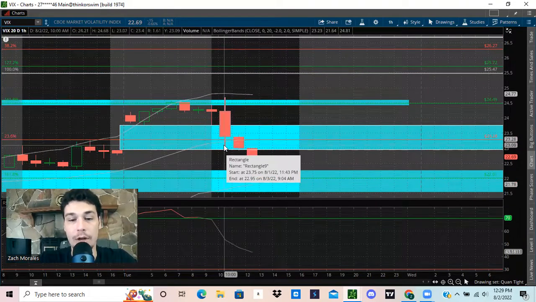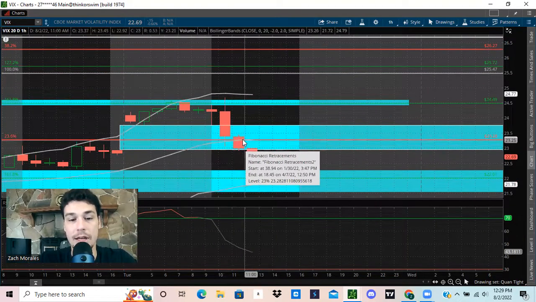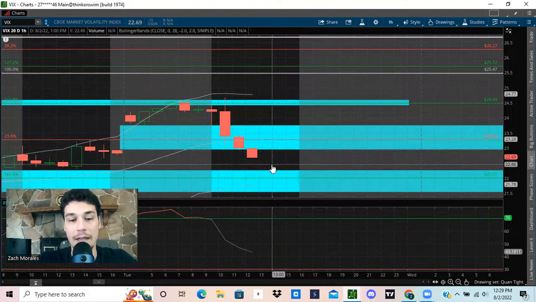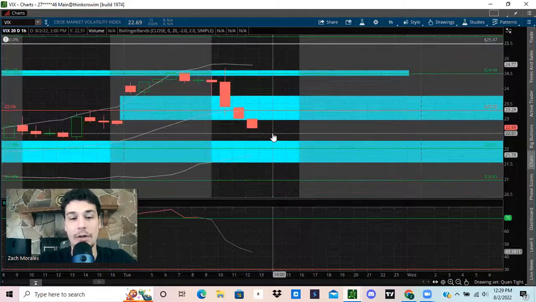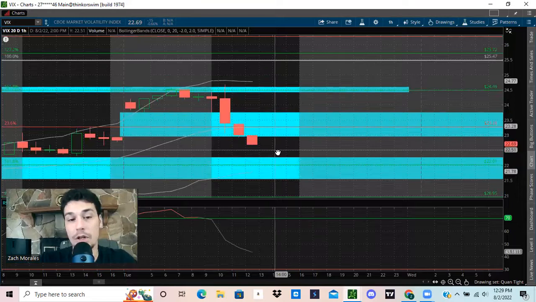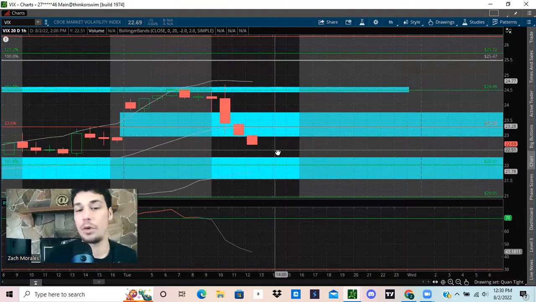We dipped below 23.28, flipped it to resistance here, and we're pushing lower outside of the gap and continuing to head down. A lot of times when the market is pushing like this, especially the SPY, the S&P 500, that tends to continue and be the pattern for the rest of the day.